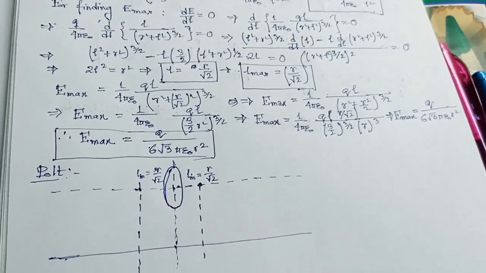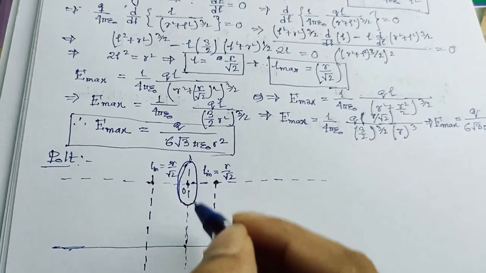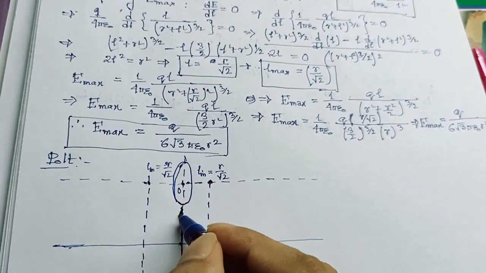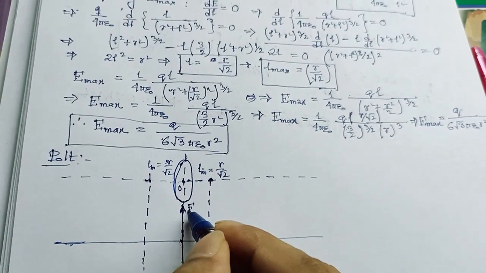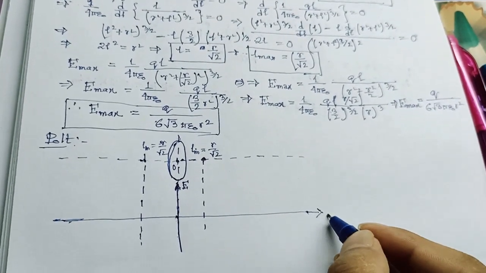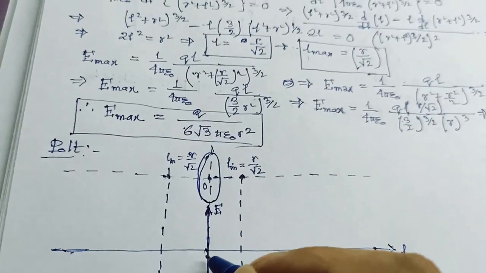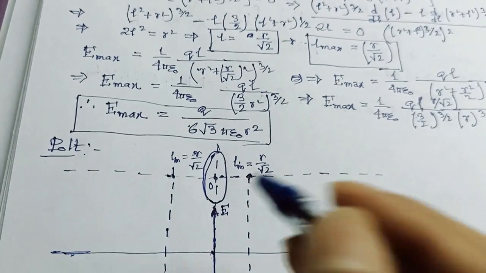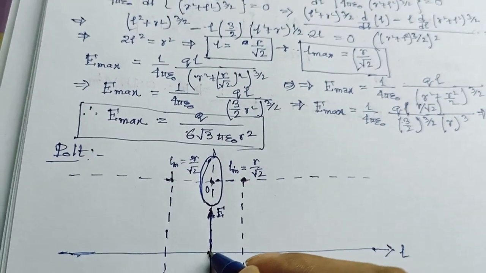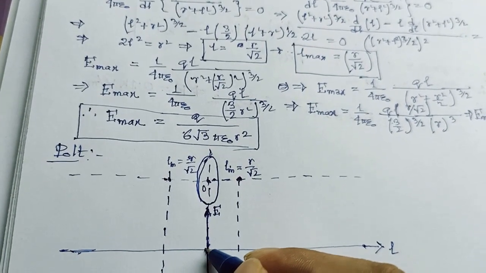As for the electric field at the center, this corresponds to the origin. Now we will denote the electric field axis. E is the axis, and this is the distance axis, the L axis. If we put L equal to 0, then our electric field at the center will be 0, and it varies in this way.